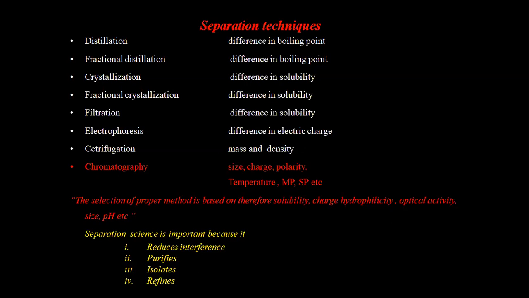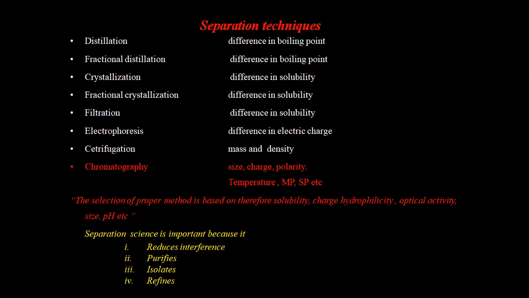You can vary the size, the charge, the polarity, and the temperature. That makes the chromatographic technique a versatile technique among the separation techniques, because you have a large number of possibilities to have a better separation. Chromatography improves separation, it reduces interference, it purifies the compound, it isolates the compound, it can refine the compound.